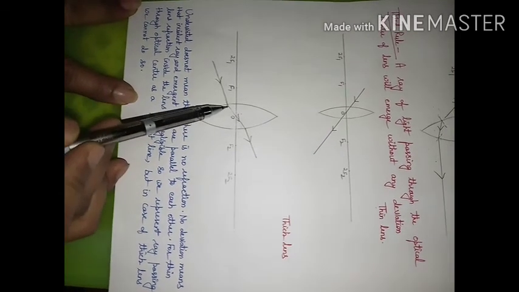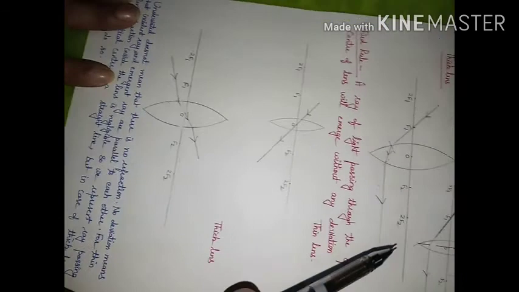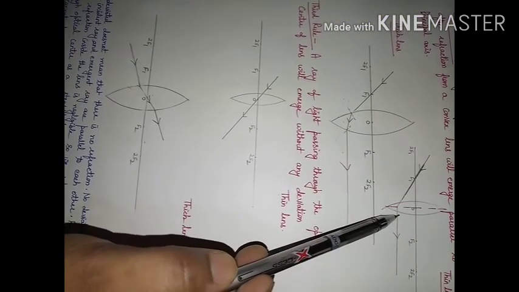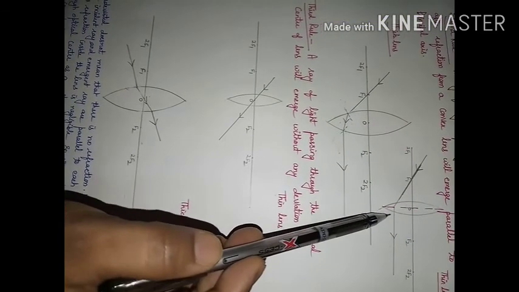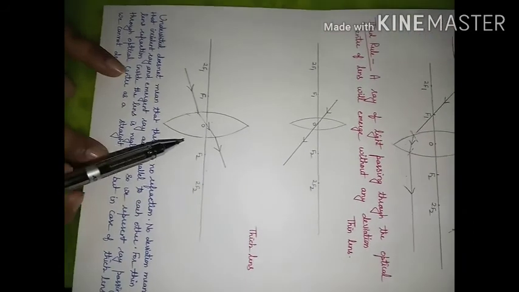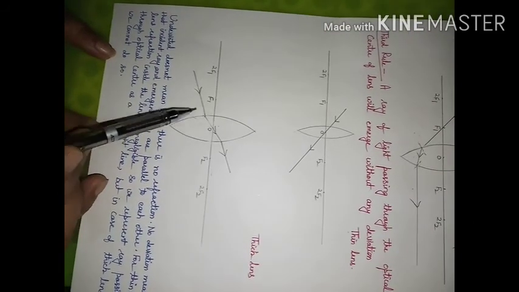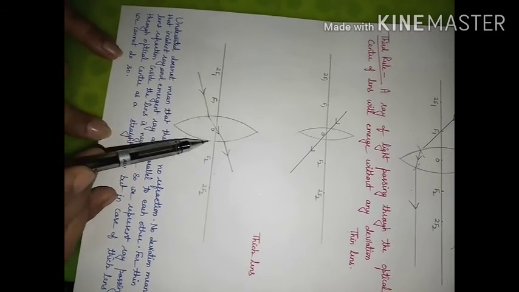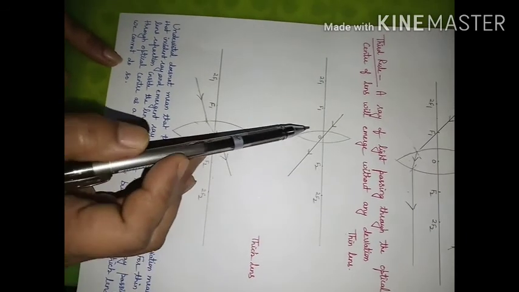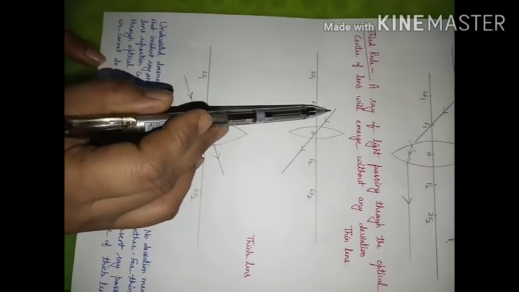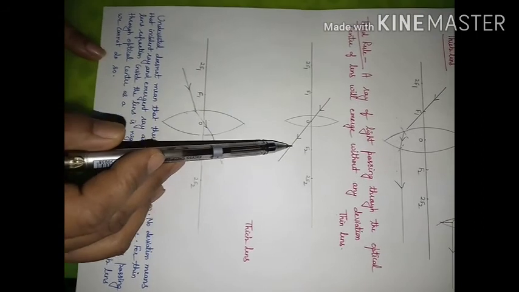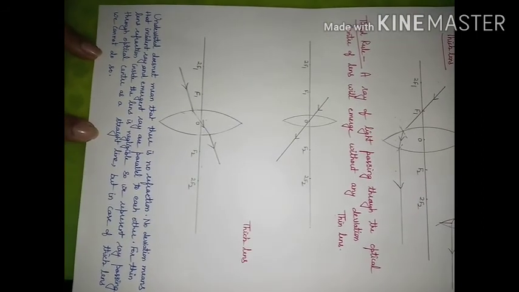So it is not going to show a path that changes by a certain angle, as in this case. It is just becoming parallel to this, and this change is very small in a thin lens. So we consider that a ray of light passing through the optical center goes undeviated.